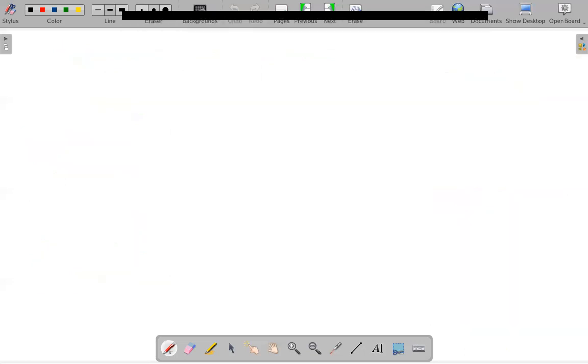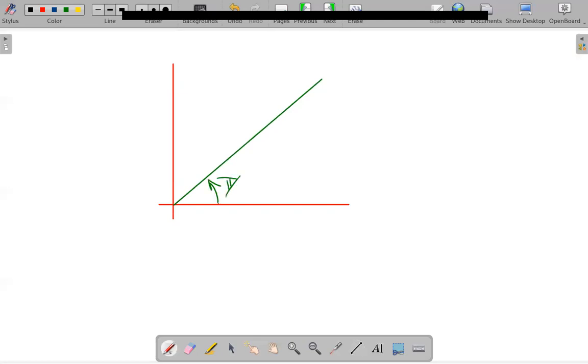If you think about the first quadrant for a second, and then I throw in that angle right there, and I am attempting to draw the angle pi over 4 radians. And pi over 4 radians, recall, is the same thing as 45 degrees.